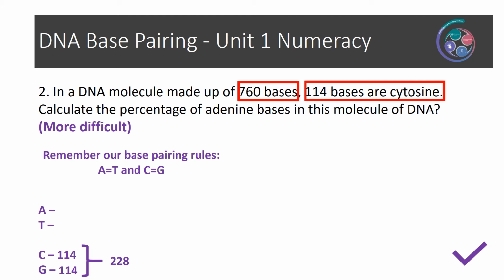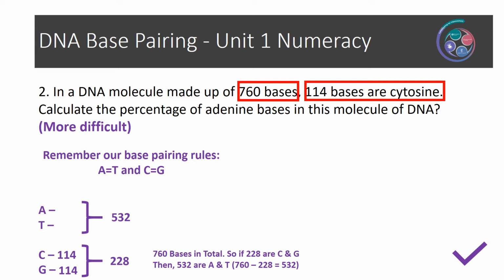The reason I add them together and figure out this number is because next, if I know there are 760 bases in total, and I know that 228 of these are cytosine and guanine, I can take this number away and do a subtraction to get 532. So 760 bases in total, take away the 228 bases which were made up of C and G, gives me 532 bases left over.